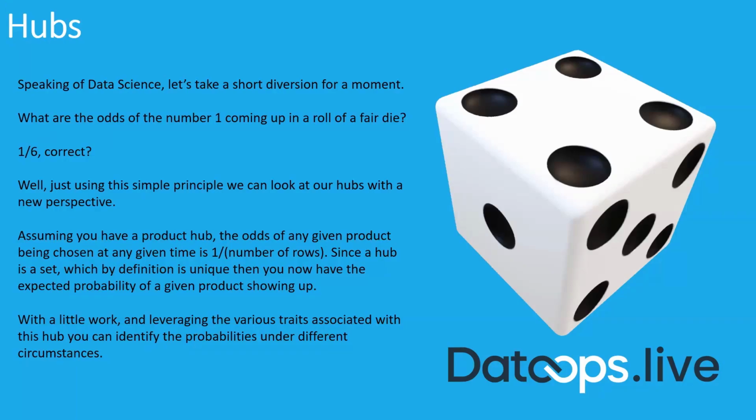And you could say, okay, this product was chosen a lot, this product was chosen a little. The expected outcome is this is what it should be chosen. You can work with probability again within the data vault structures without moving the data.